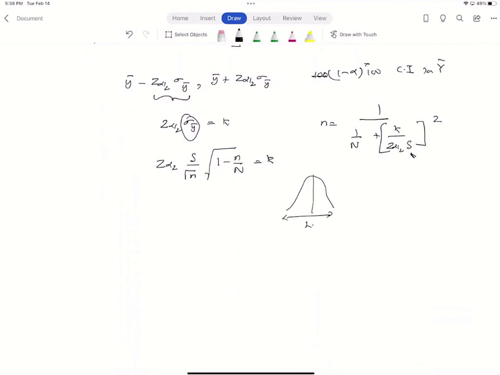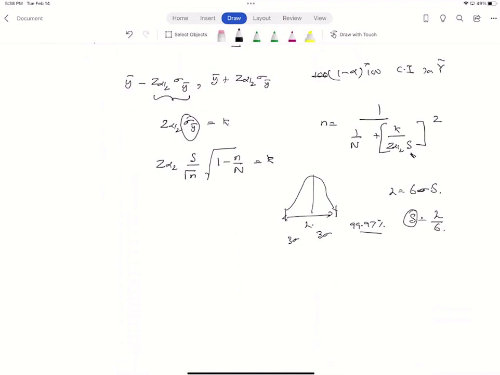If the range is L, we would know that a majority of them, say for example 3 sigma here and 3 sigma here, will basically cover 99.97%. So then L becomes 6 sigma or 6s if you want, and then S will become L upon 6.